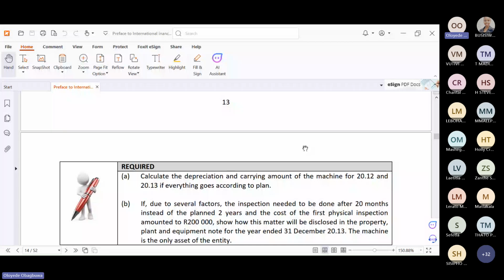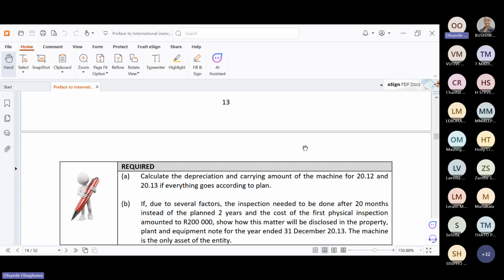B, due to several factors, the inspection needed to be done after 20 months instead of the planned 2 years, and the cost of the first physical inspection amounted to 200,000.